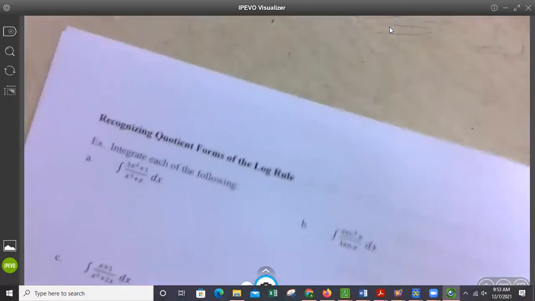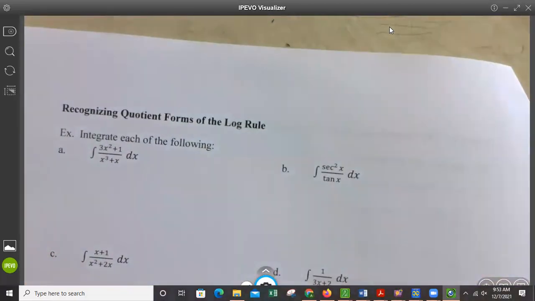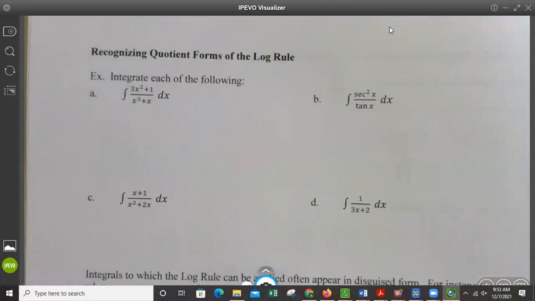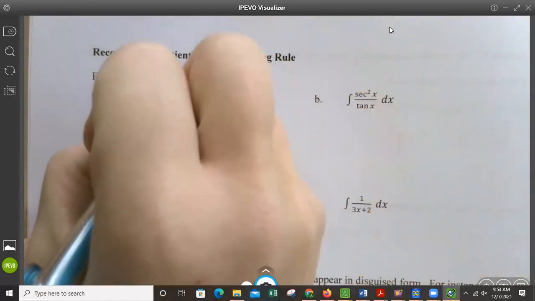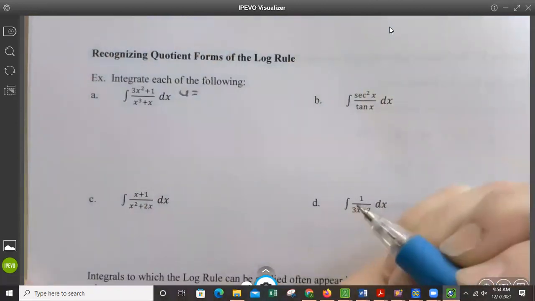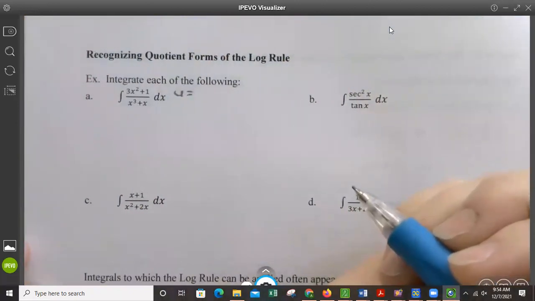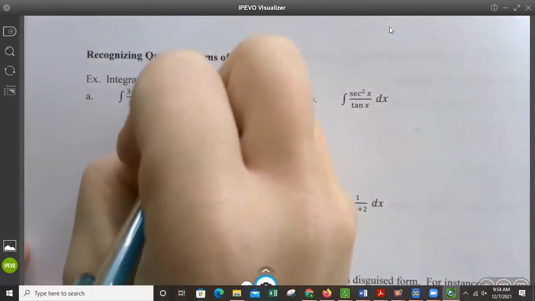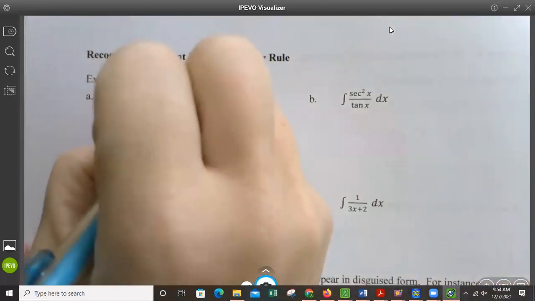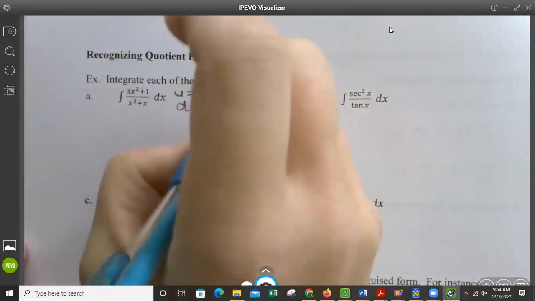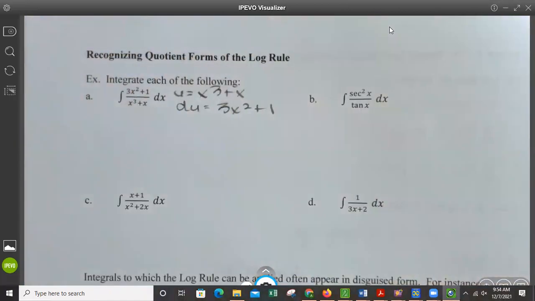All right. Recognize quotient forms of the log rule. Integrate each of the following. Same thing we've been doing. So what do we do? Which one is u? Why do we pick x to the third plus x? When you find the derivative, it's going to be 3x squared plus 1, which is the top.